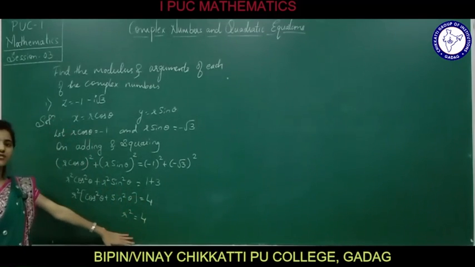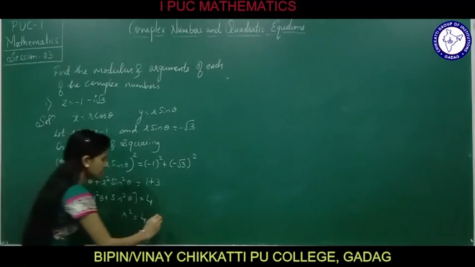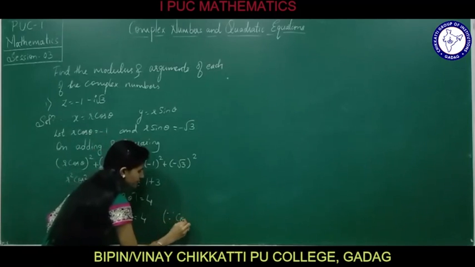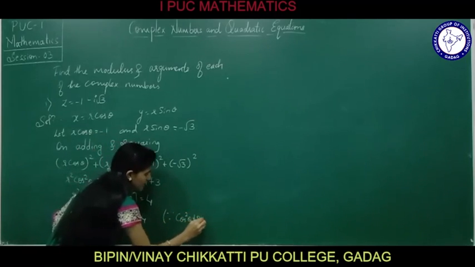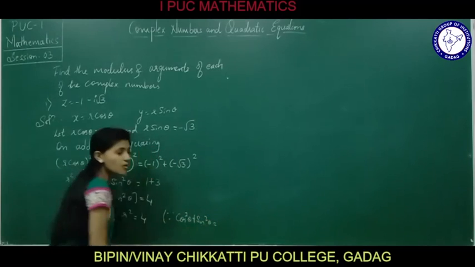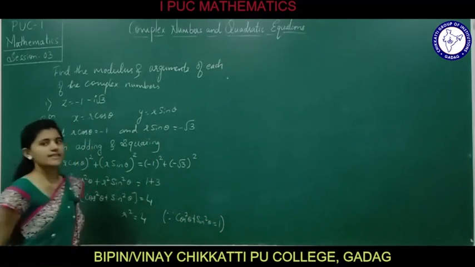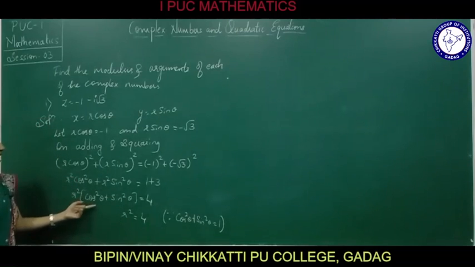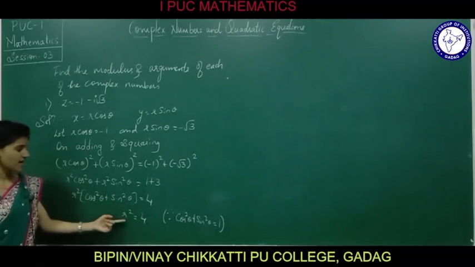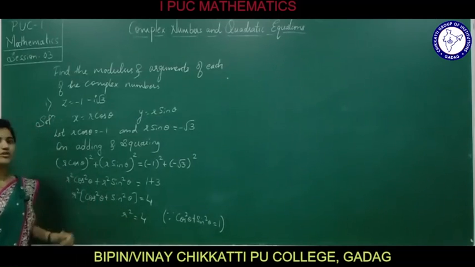Why is r square equal to 4? We know that cos square theta plus sin square theta, its value is equal to 1. That is why r square into 1 is nothing but r square. r square is equal to 4.